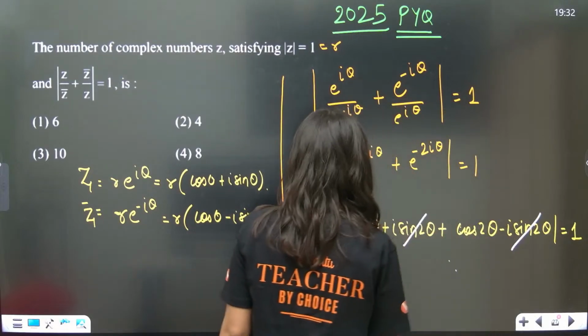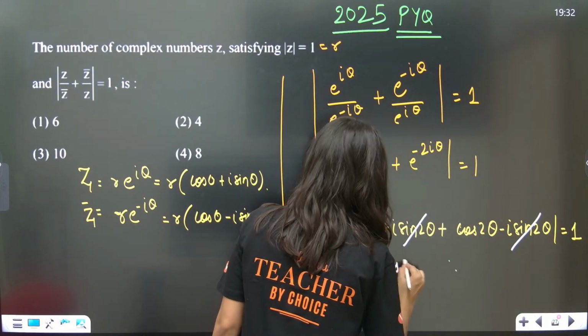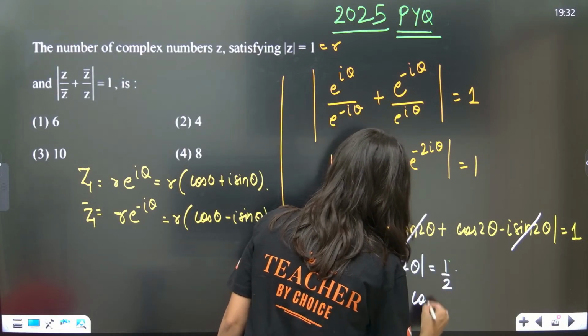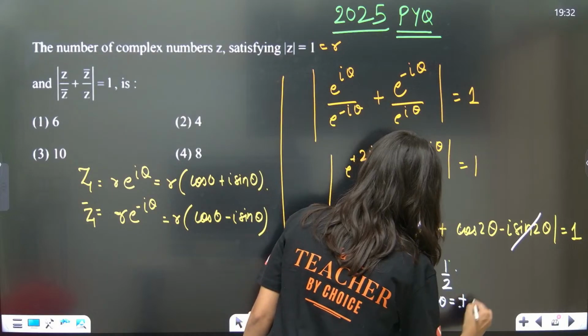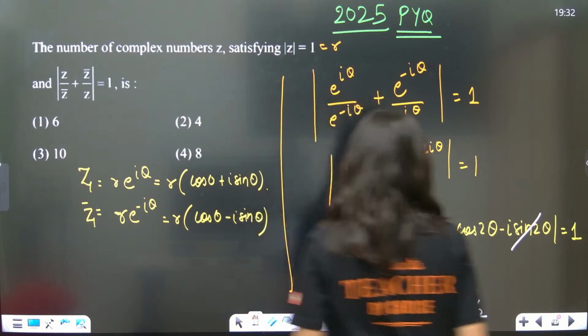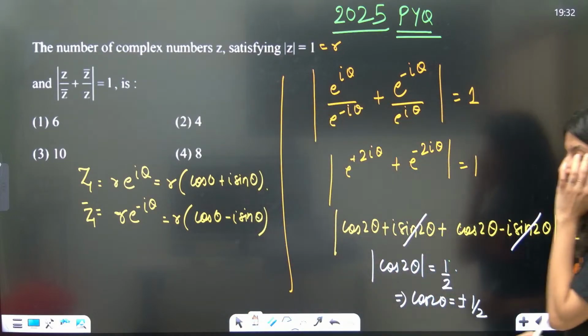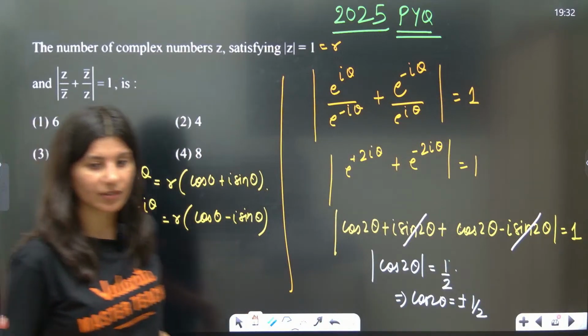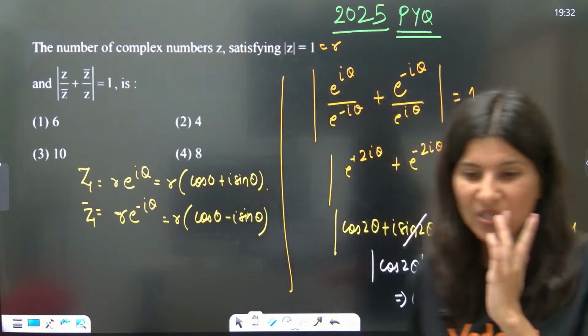Minus iota plus iota cancels. So this is what? Mod of 2 cos 2 theta is equal to 1, so mod cos 2 theta is equal to half. This implies cos 2 theta is plus minus half. Okay, cos 2 theta is coming out as plus minus half. Correct or not? Plus minus half. Now, how many solutions?